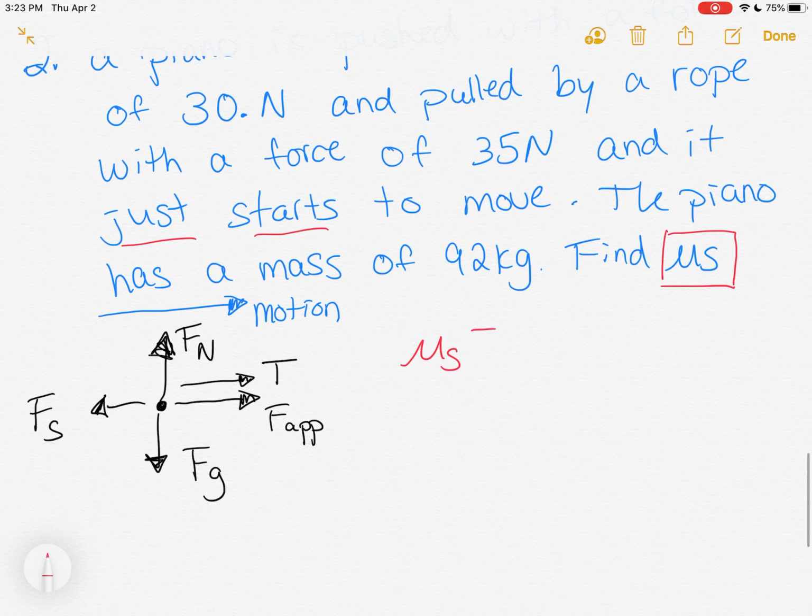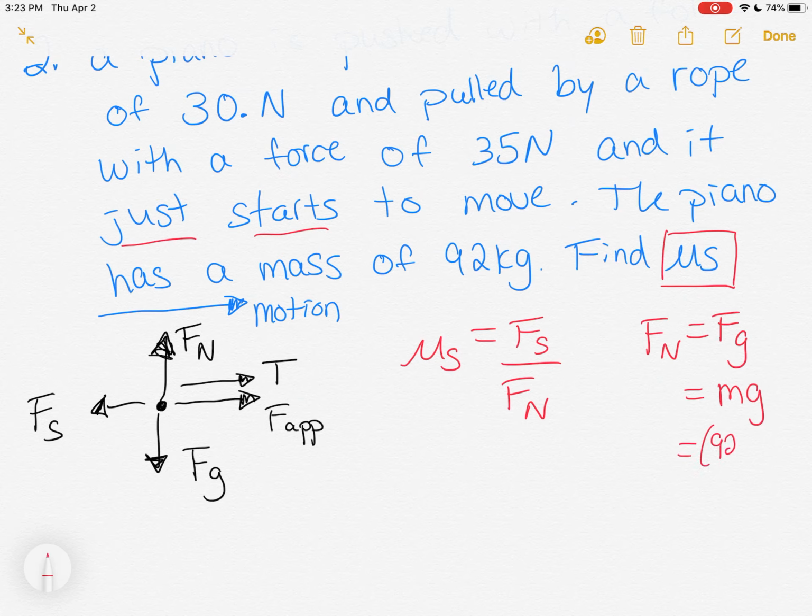So in order to calculate mu s, I have to do Fs over my Fn. Now, just like the last problem that we did, my Fn and my Fg are going to be the same. And so the nice thing for that is that my Fg is really mg, and we're dealing with a piano. It's 92 kilograms times my 9.8. And so that's going to give us 901.6 newtons.